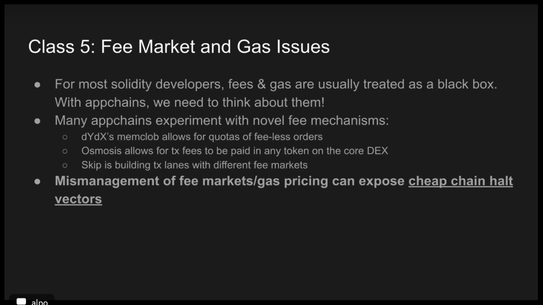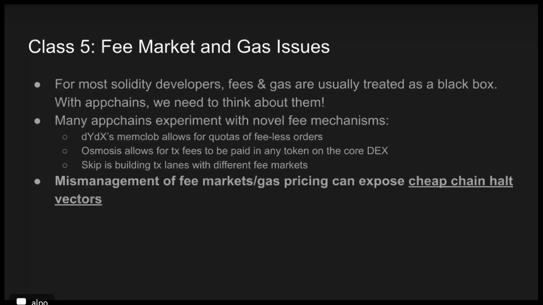Because if it's too easy to spam, let's say it was 1,000 orders for free per 1 USDC, then you could just create a bunch of free orders for a small amount of money. You could halt the chain, right?